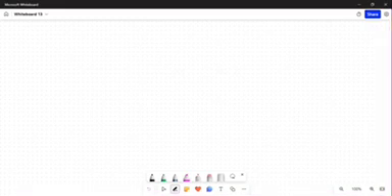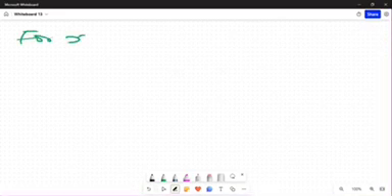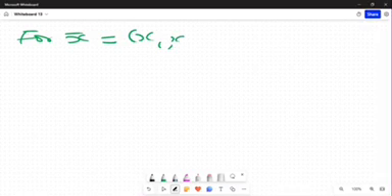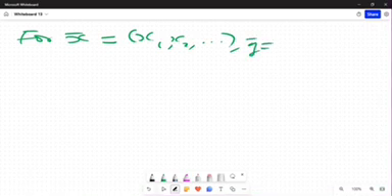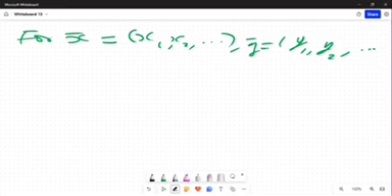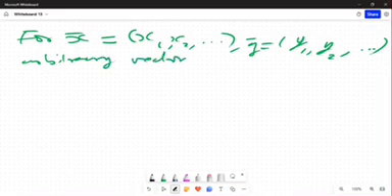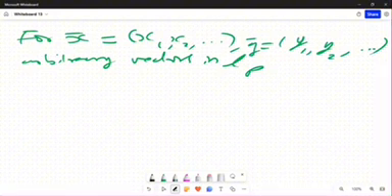So pick up two vectors. If you pick up x as a vector, it's infinite dimensional, so you have x1, x2, x3, and so on and so forth. If you pick up another vector y, it's also infinite dimensional: y1, y2, y3, y4, it doesn't stop. These are arbitrary vectors in LP.